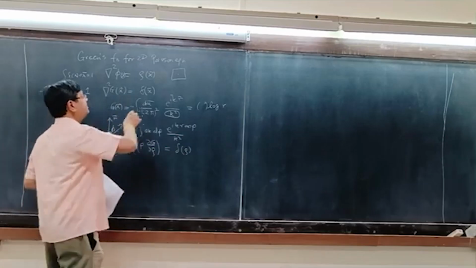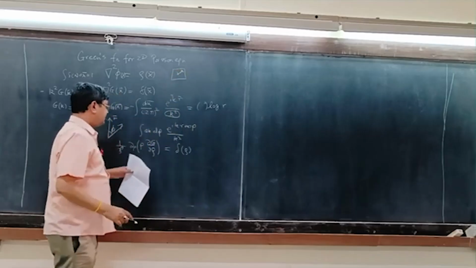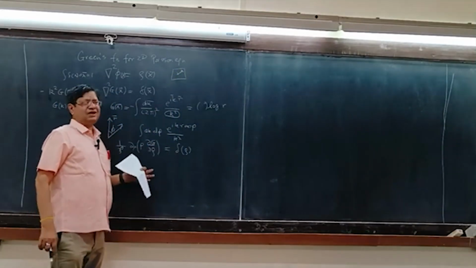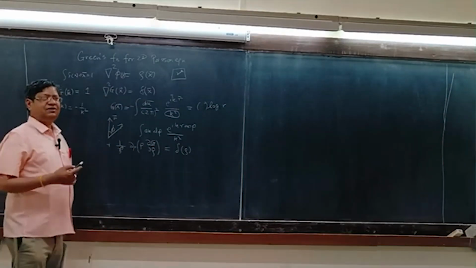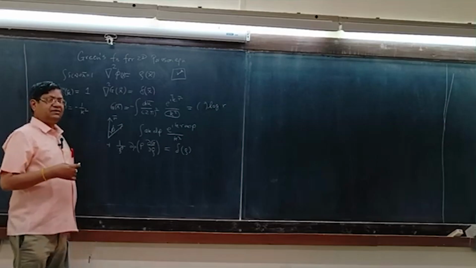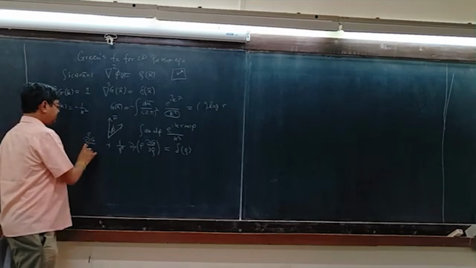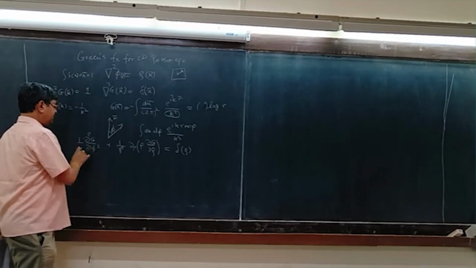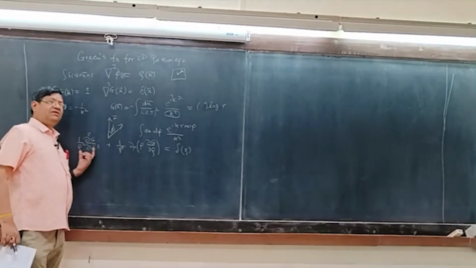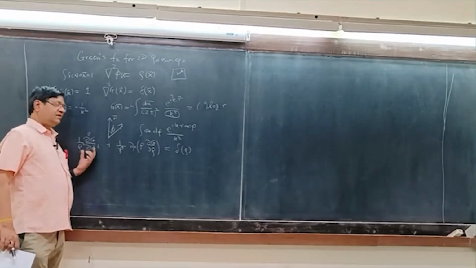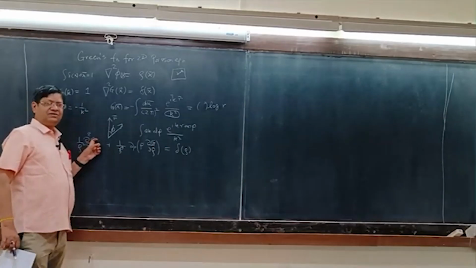Rho is a distance. Now there is another term, since I am doing some math: this is the radial part, but what about the angular part in 2D? That is d squared g by d phi squared, divided by rho squared. But this term is 0. Why? Because g is independent of phi, by isotropy.